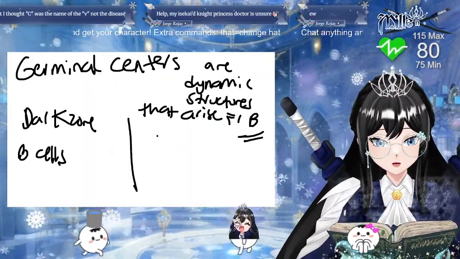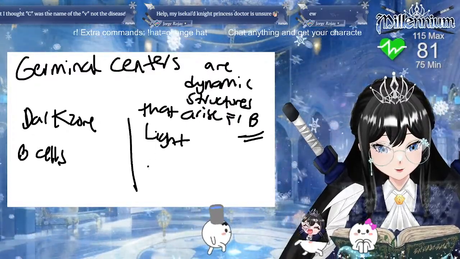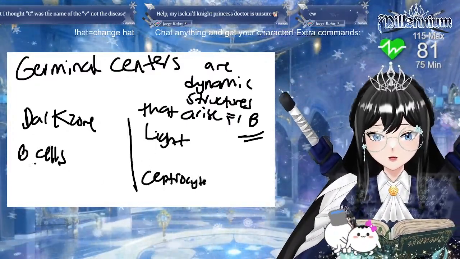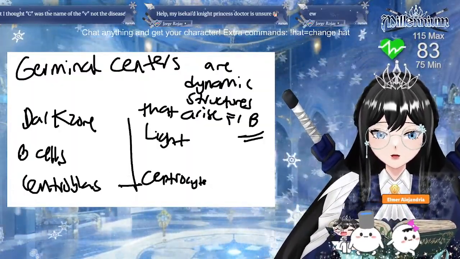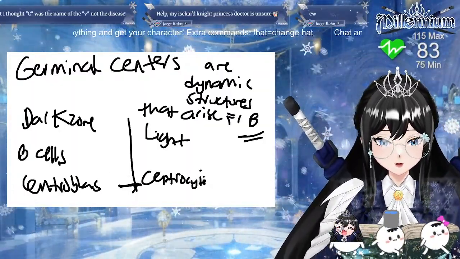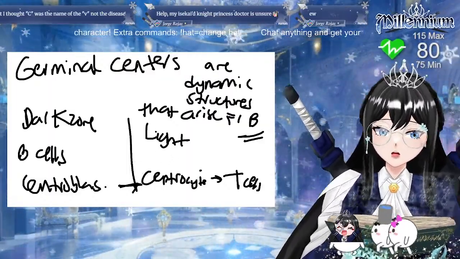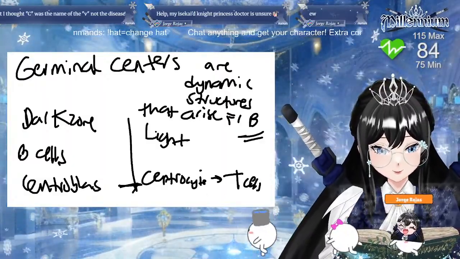And the light zone would be where those cells become centrocytes and interact with helper T cells. So from centroblasts to centrocytes, and then those would interact with T cells. So dark zone to light zone, centroblast to centrocyte, and talk to T cells.